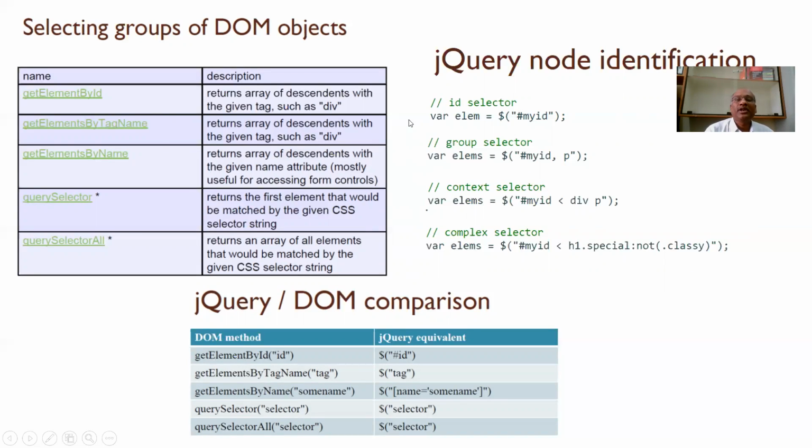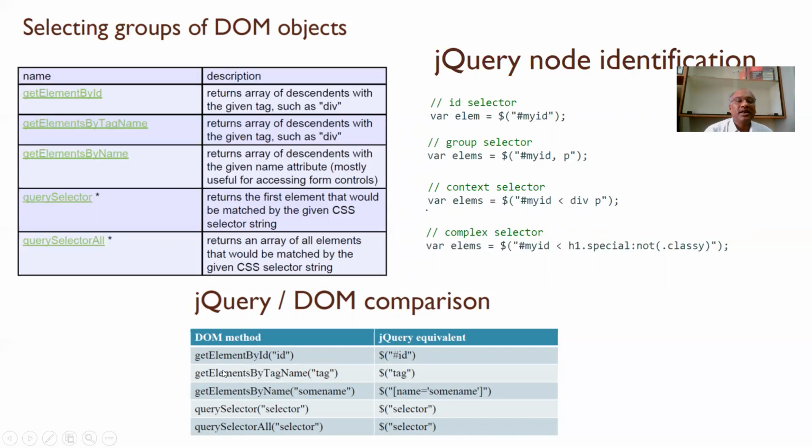The same things you can replace with jQuery statements using the dollar symbol. You can simply use dollar, open brace, within quotes, your ID, which resembles getElementById. So the equivalent of the DOM method getElementById in jQuery is dollar, quotes, hash, ID, which implies that you are accessing the ID in the corresponding web page.